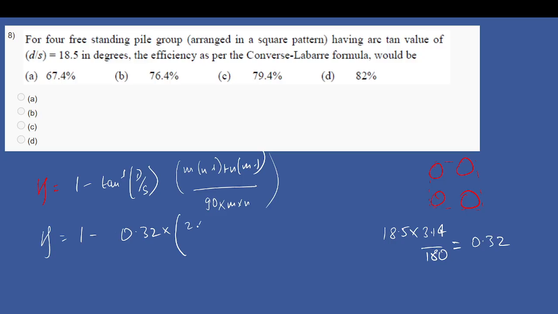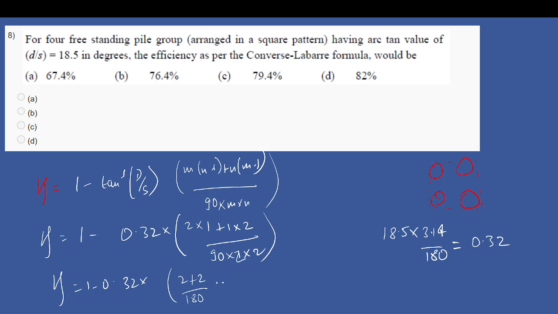M is basically your 2, N is your 2, so 1 plus 1 into 2, 90 into 1 into 2. So eta is equal to 1 minus 0.32 into, sorry, plus, it's 2 into 2, bro, m into n, so 2 into 2. Oh sorry, it's 2.